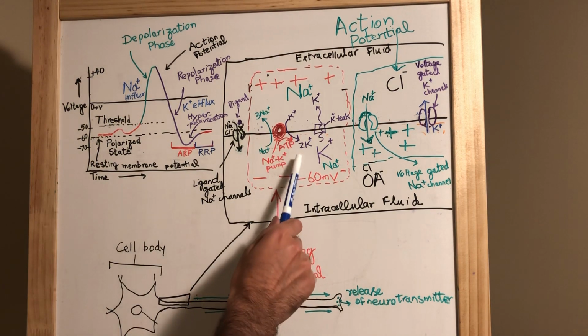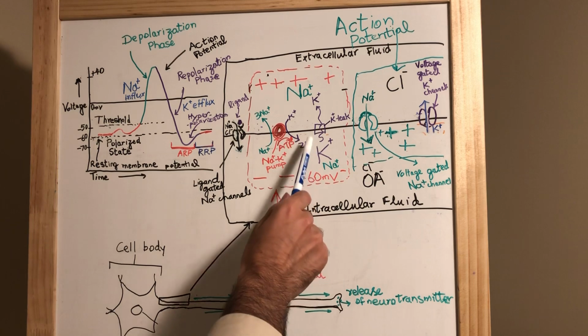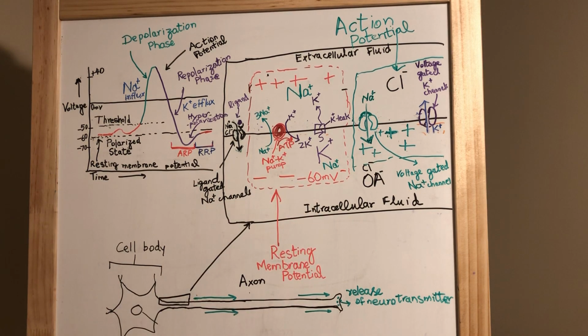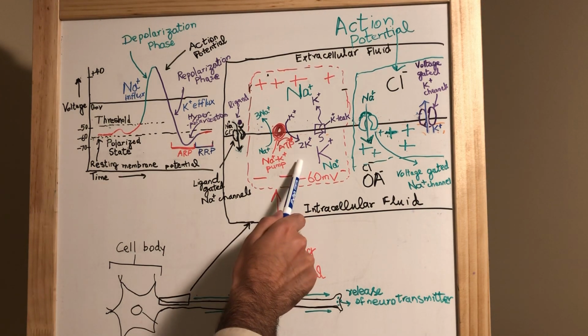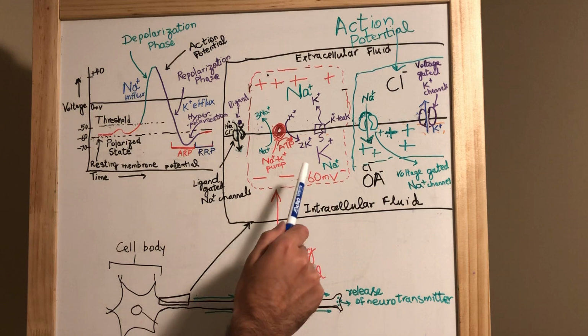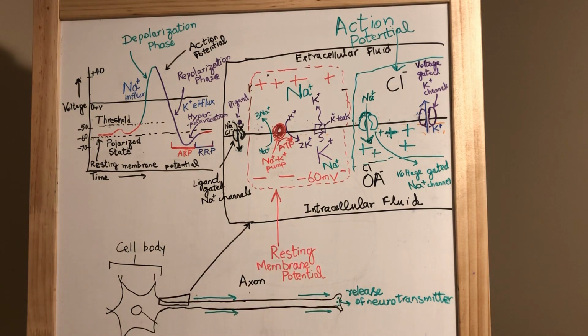This negatively charged state of the inside of the cell membrane is called polarized state, and this voltage or membrane potential in the resting phase is called resting membrane potential.